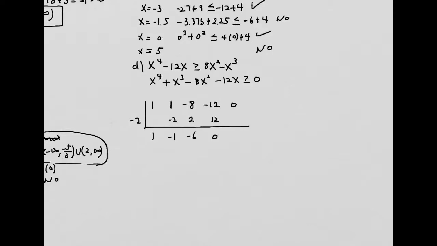So using synthetic division, it looks like you can factor out x plus 2, and what's left over is x cubed minus x squared minus 6x.